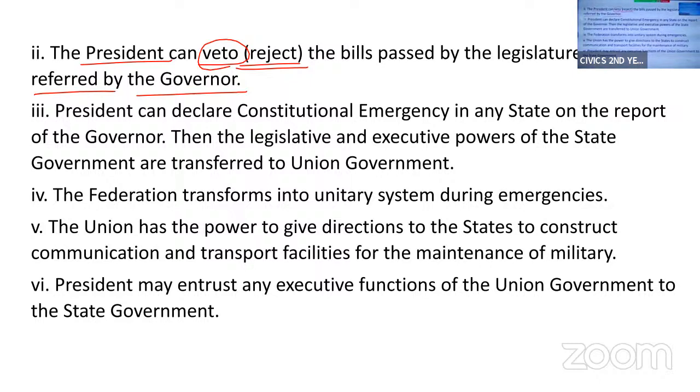Next, the president can impose president's rule or constitutional emergency in a state. The president has the power to impose constitutional emergency in a state when he receives a report from the governor. When a governor reports that the state government is unable to function according to the constitution, there is a constitutional breakdown in the state.